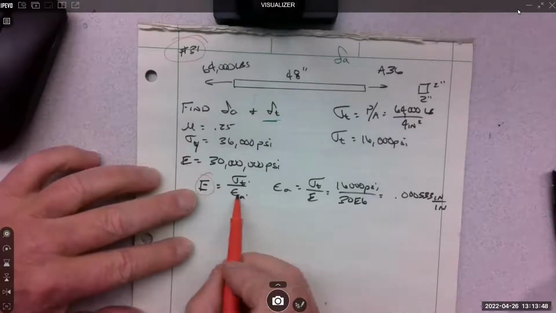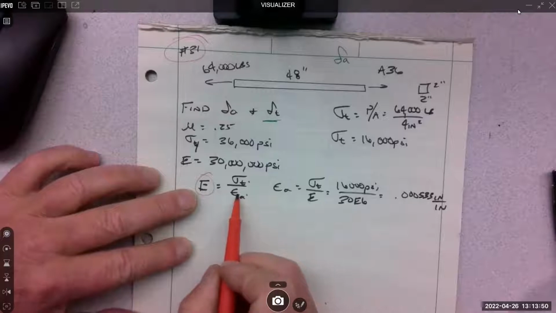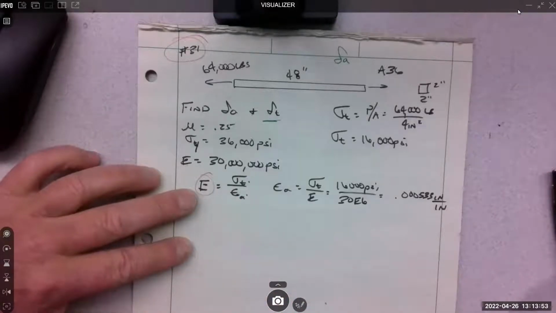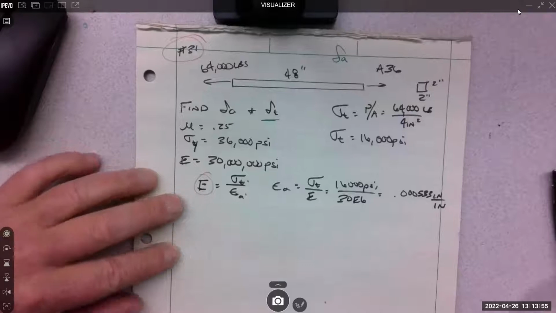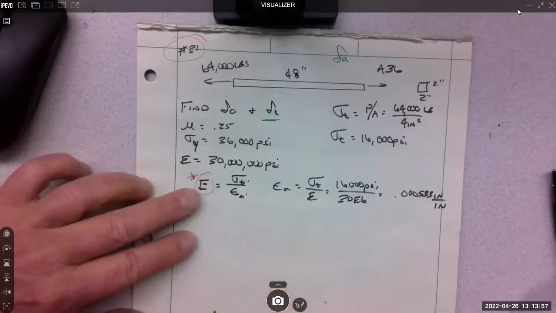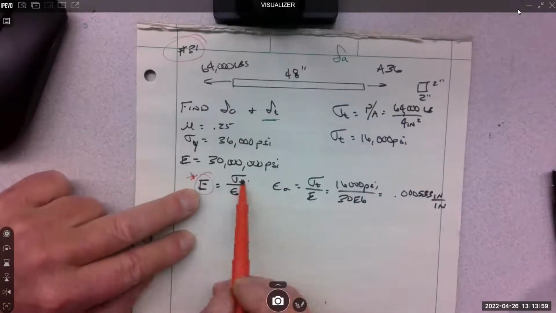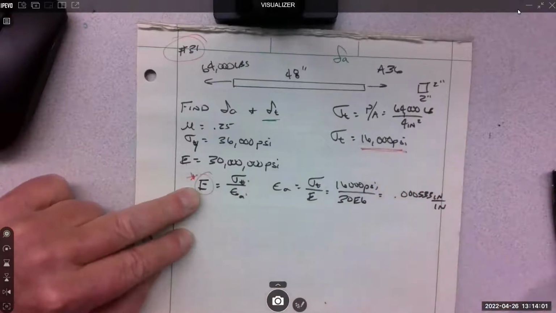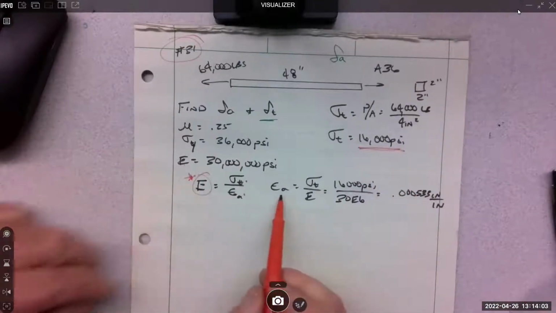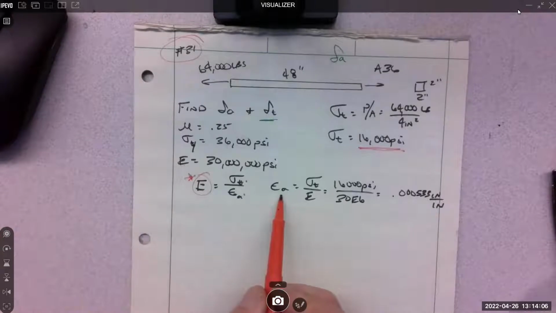If we can get the strain, then we can get the axial change. Okay, so we know E because we know the material. We know the tensile stress because I just calculated it, P over A. So I just solved for the strain.